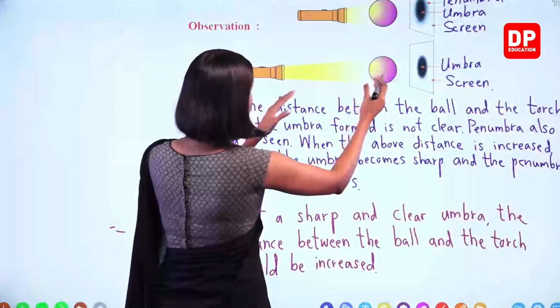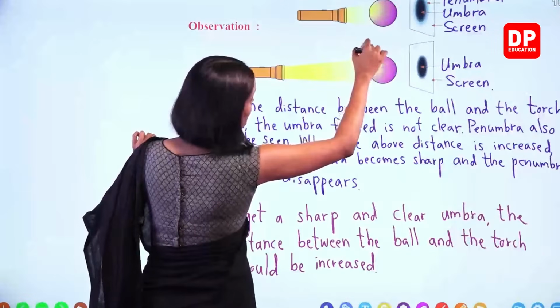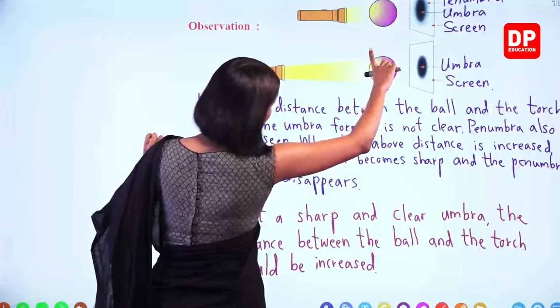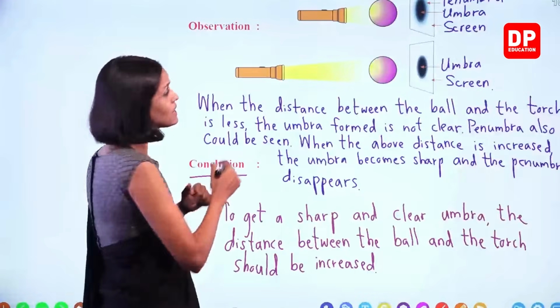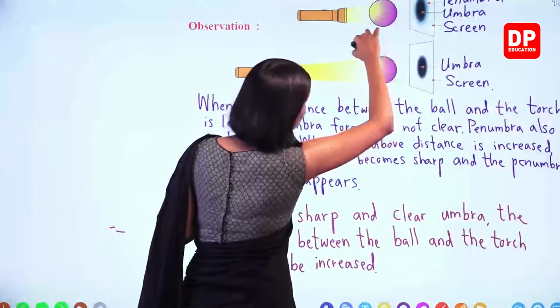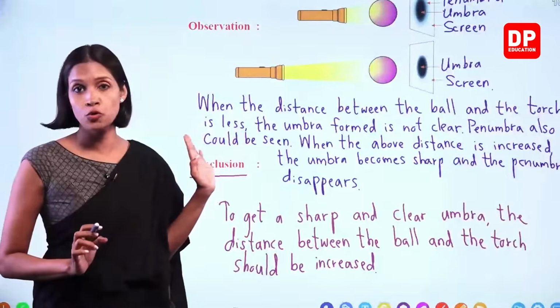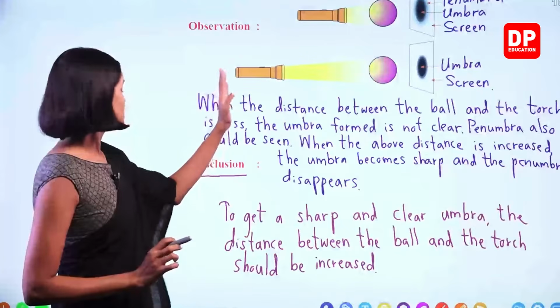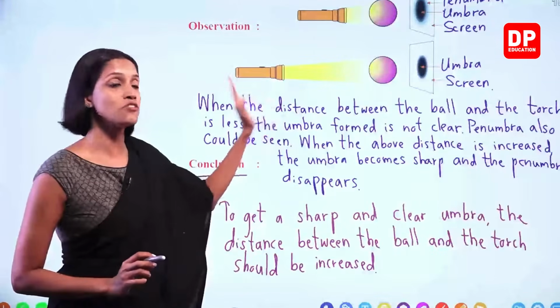But when the distance increases, the amount of light that escapes through the edges is less. It's more focused on the object only, right? So because no light escapes through the edges of the object, no penumbra is formed. Okay? So here we can increase the distance, or we can use a narrow source of light.